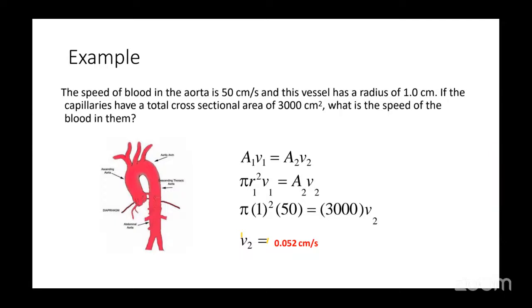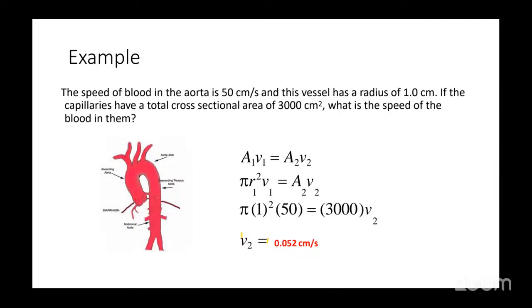Now we know that the aorta or the capillary has a circular cross-sectional area. So we assume that the area of the aorta is a circle. So the area of the circle is pi r squared. R, which is the radius, is given to us as 1 cm.